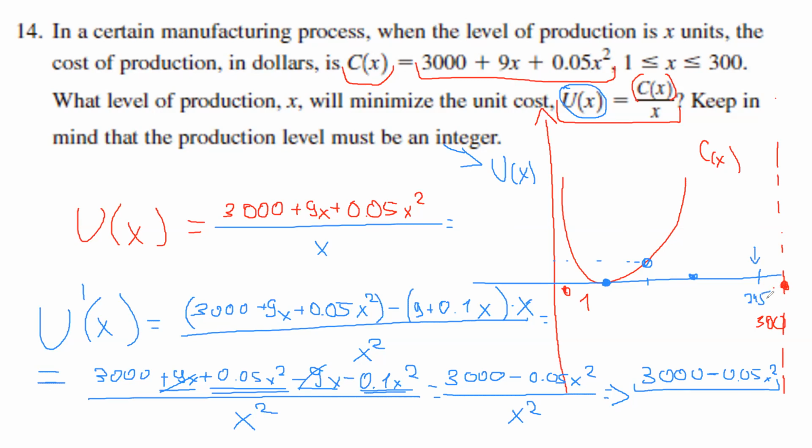And you're right, exactly, that we can round it up because here, mind that the production level must be an integer. That's why they wrote it here. So in this stage, you wouldn't take a fraction for the amount of produced parts, right? Yeah. So great, we found the critical point 245.